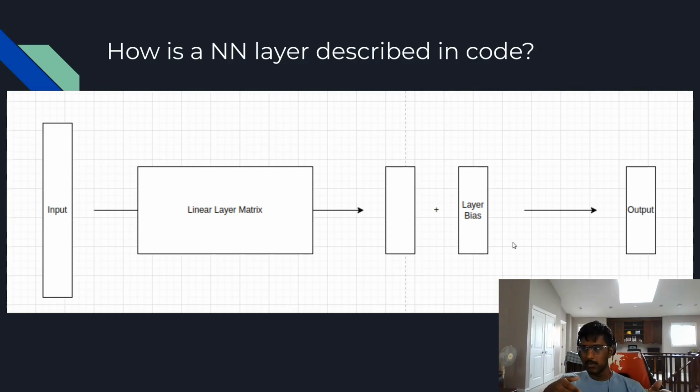In our actual model, we're going to have two of these layers. One takes the input to the hidden layer, and then one takes the hidden layer to the output. But you also need an activation function in the middle to bring non-linearity into the neural network, because you need a non-linearity to keep the neural network from being collapsible into a single linear function.